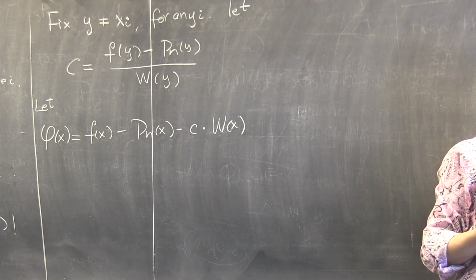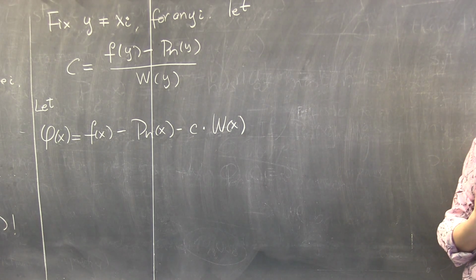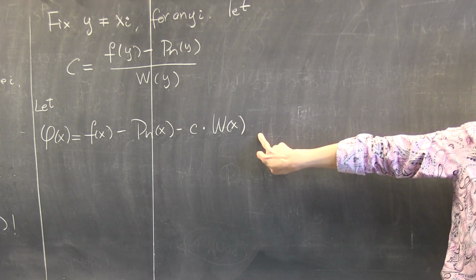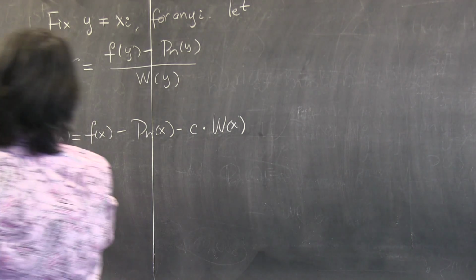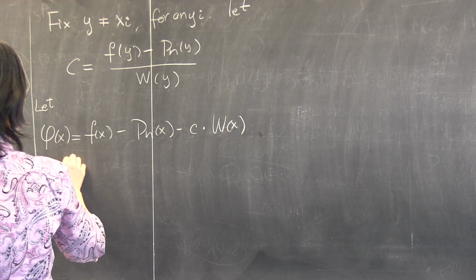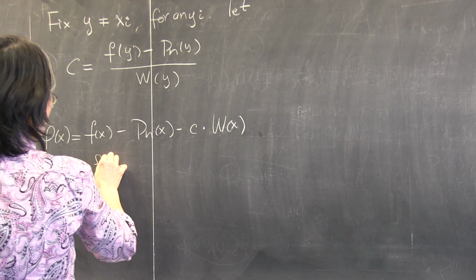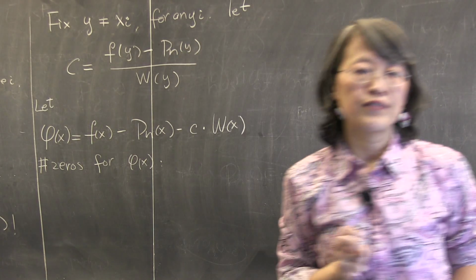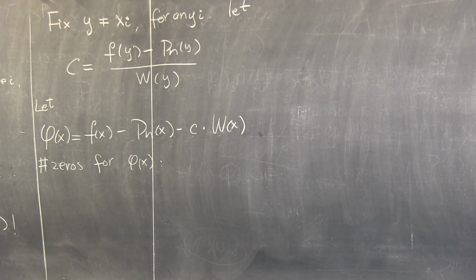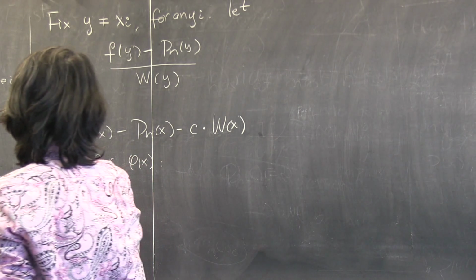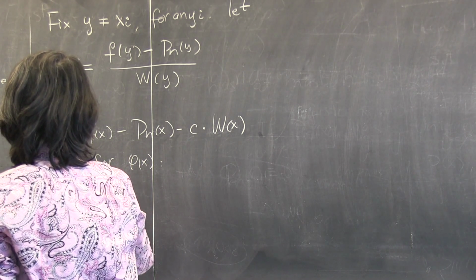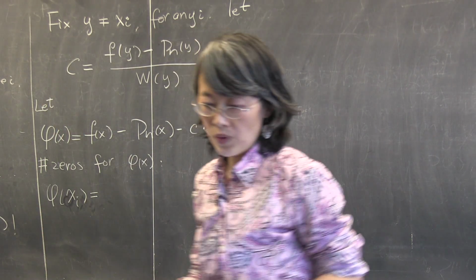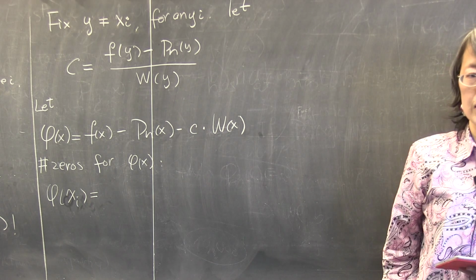I am interested in the number of zeros of this function that I just defined. So let's check the number of zeros for phi of x. How many zeros can I find? If I evaluate phi at xi, which is an interpolating point, what do I get?